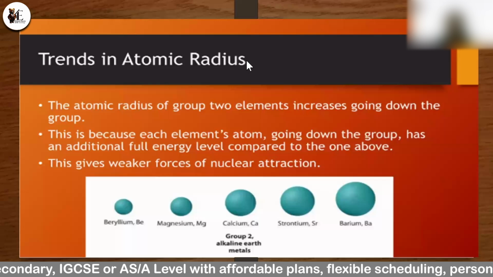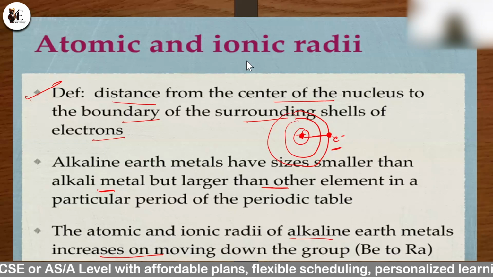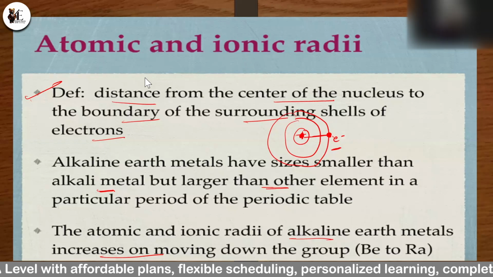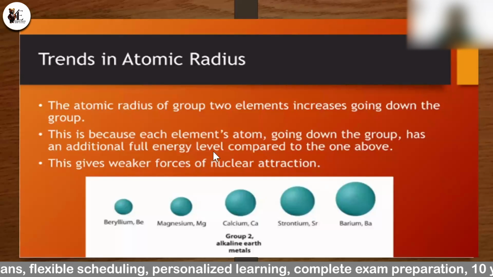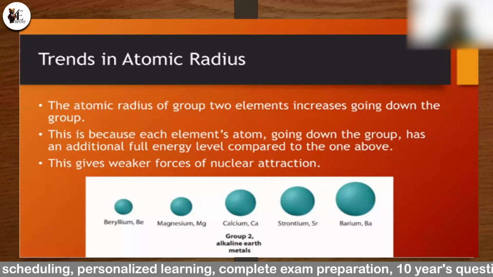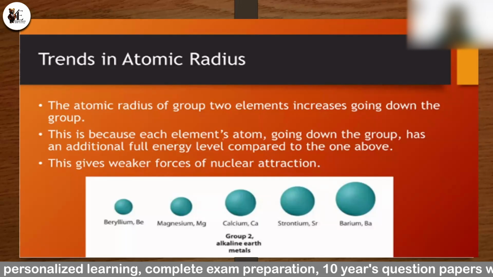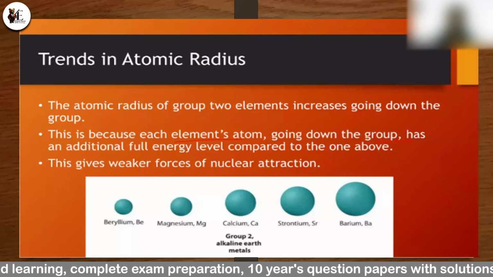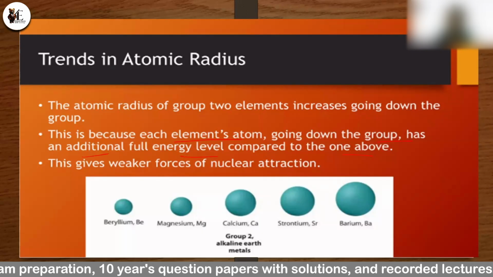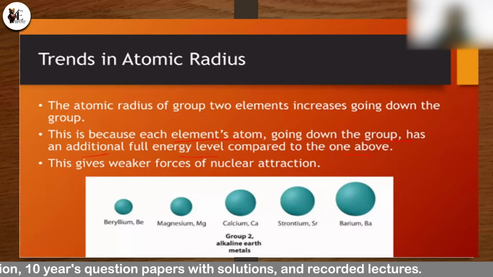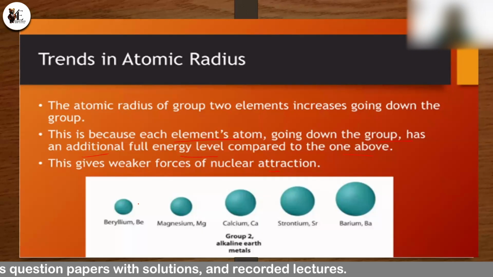Is it clear? Yes. Okay, so the atomic radius of group 2 elements increases going down the group. What is the reason? Each element's atom going down the group has an additional full energy level compared to the one above, which gives weaker forces of nuclear attraction, and the atomic size increases.